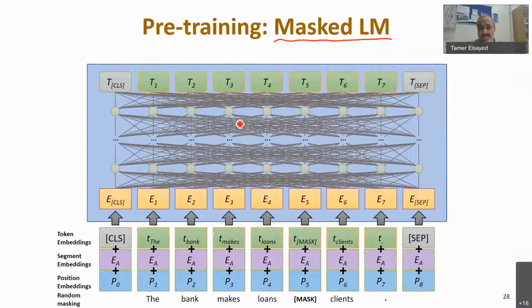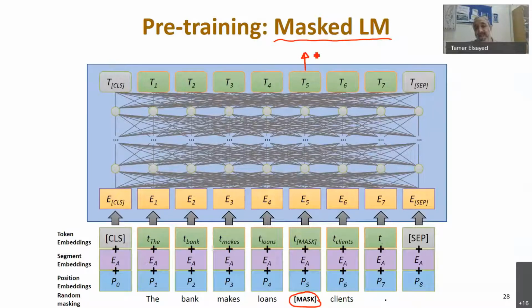So what is that task? We have the original sentence, the bank makes loans to clients, dot. That's the original sentence, right? This is also very similar to the idea of word2vec. We want the model to learn the structure of the sentence, so that if I mask one or some of the words in the input sentence, it will predict it here.